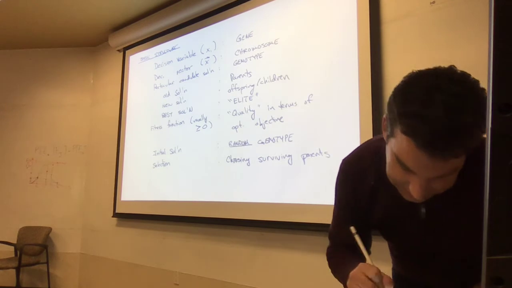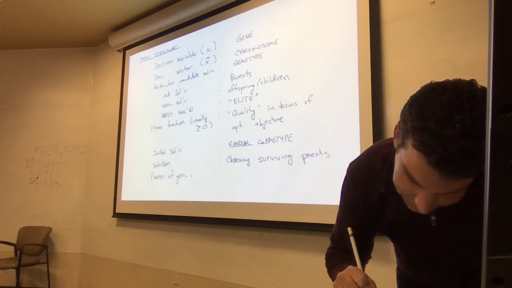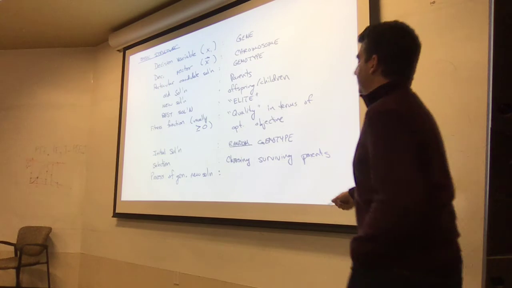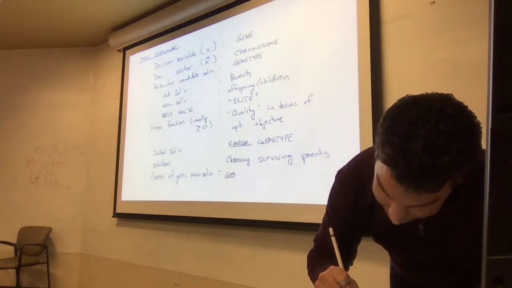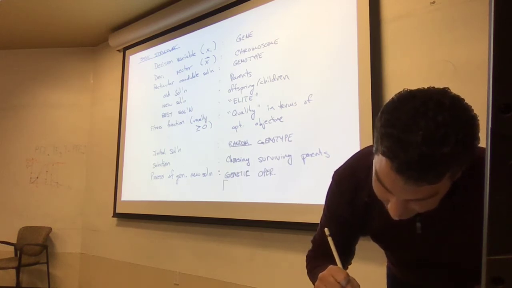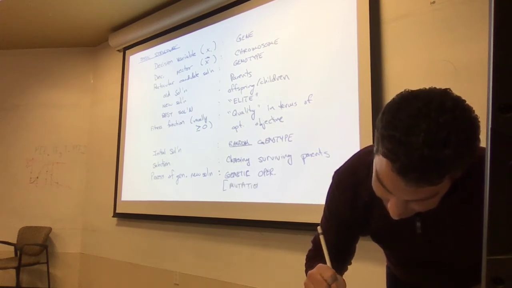And then the last one is the process of generating new solutions. These will be our so-called genetic operators. The two genetic operators that we worry about are mutation and selection.